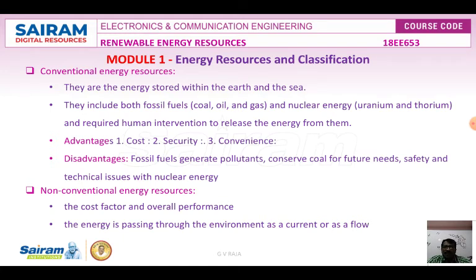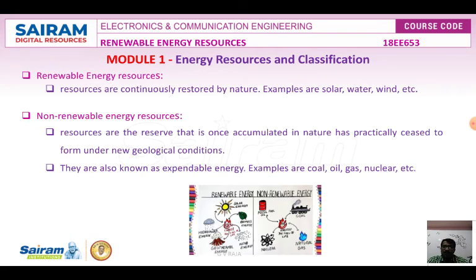These are the alternate energy resources to the conventional energy resources. The conventional energy resources are likely to be depleted in 15 to 60 years, but non-conventional resources are fully developed. The cost factor and overall performance are very good, and the energy is passing through the environment as a current or as a flow.